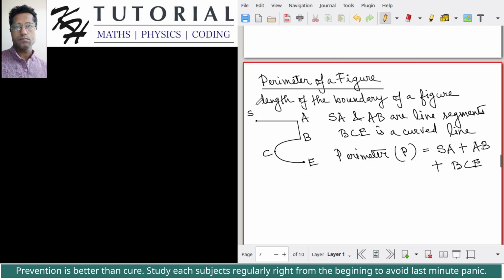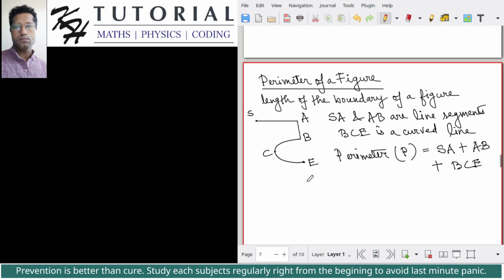From S, you go to the point A along the line segment SA. Then from A you go to the point B, so you travel across the line segment AB. Then from B you go to the point E along the curved line BCE. So this is the boundary of this figure.